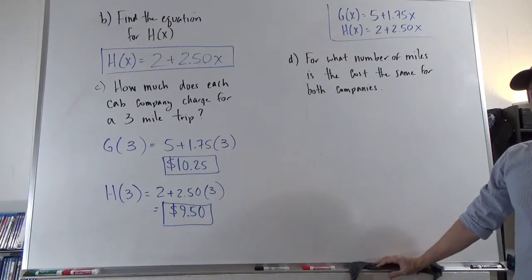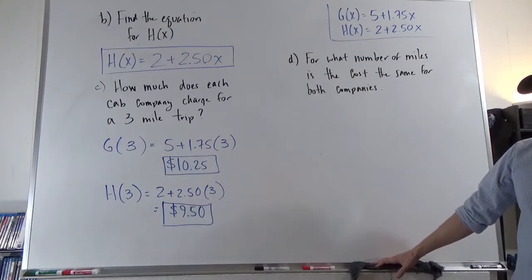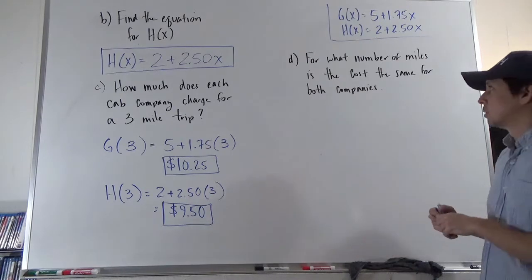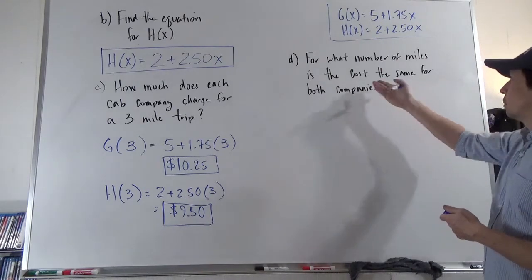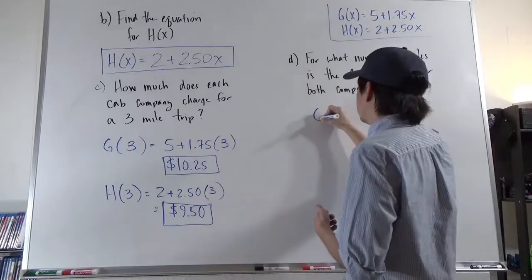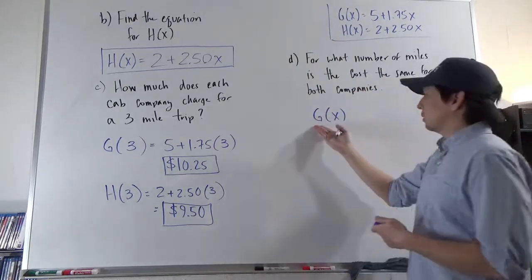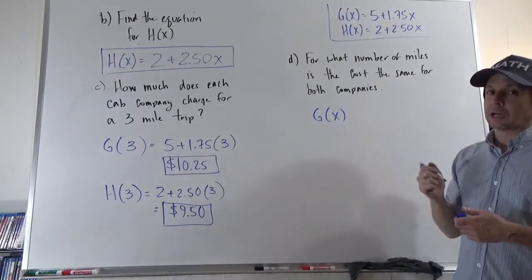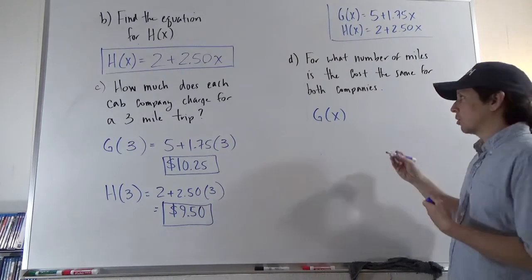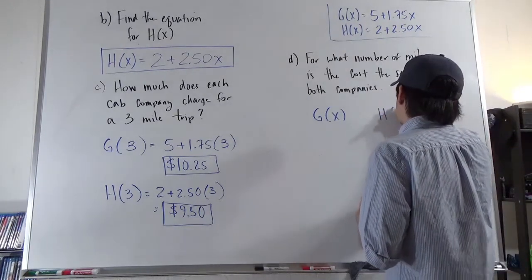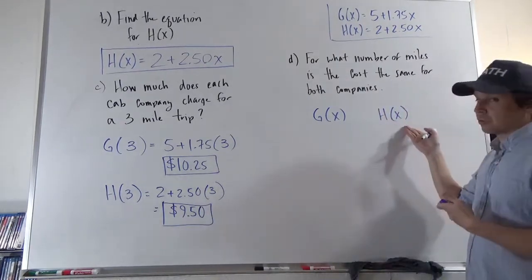Now, we're going to work with function notation to start off with, and I just want to interpret what I'm trying to do here by noting that the cost of Gary's is given by g of x, and the cost of Harry's is given by h of x.